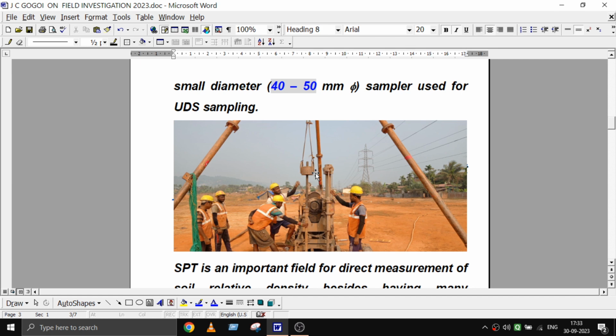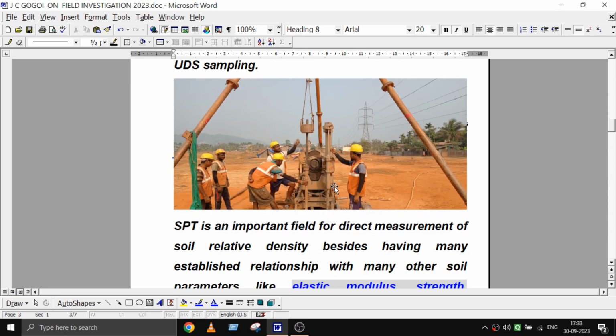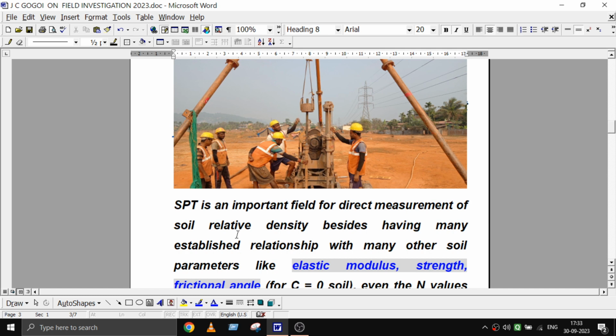Earlier, it was plus minus 1.5 kg. Now it is taken as 63.5 kg. This standard penetration test is the earliest penetration test. Earlier, there was no dynamic cone penetration test, no static cone penetration test.